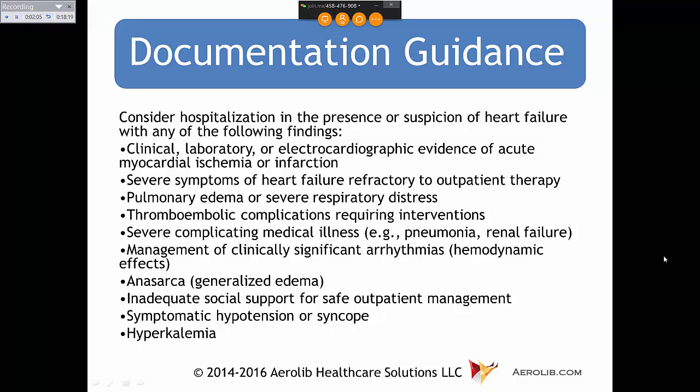Now, using the same argument for a 50-year-old with heart failure who comes in because she ate a bunch of hot dogs over the July 4th weekend, and then you say, well, she's non-compliant, those are two different things in terms of trying to document a safe outpatient management plan. But those are things that we need to be careful of when we are documenting our CHF cases.